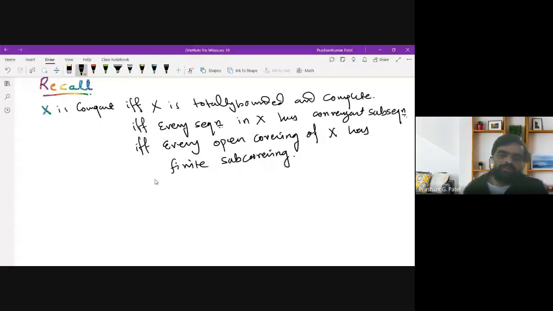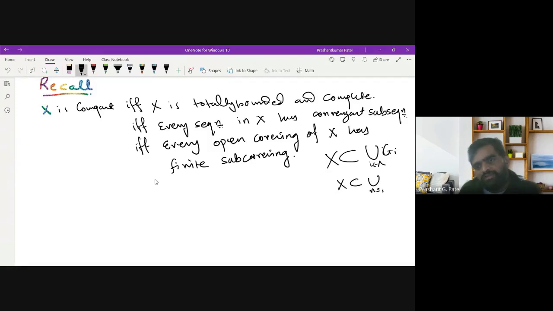That means if X is covered by a family of open intervals Gi, then there exists some finite family of these open sets, so that X is covered by that many finite members of this family.